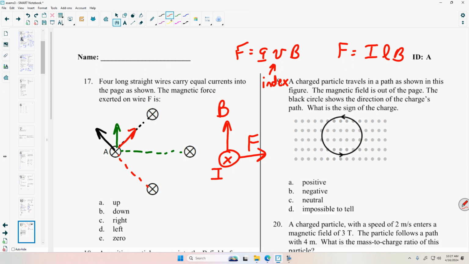So if you're writing this on your finger, you just write a little V on your finger, all right? B is your middle. That's true for this one too. I is your index. And then F is your thumb.